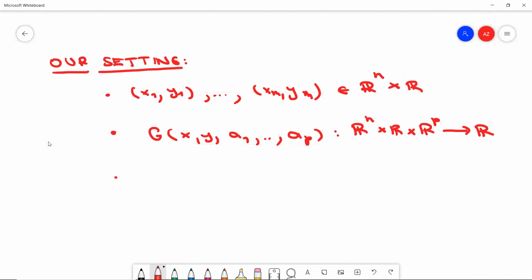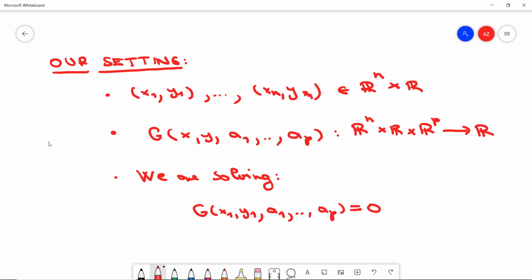So we are solving g of x1, y1, a1 up to ap is equal to 0, up to g of xm, ym, a1 up to ap is equal to 0. So this is our system.